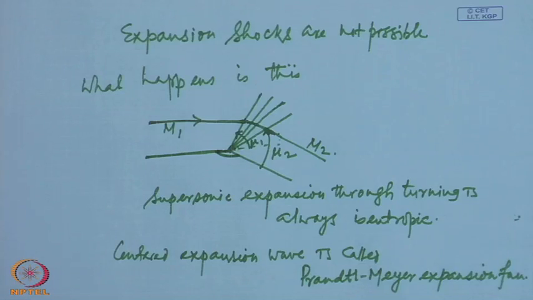Flow through a concave turn is usually an expansion turn, while flow in a convex corner is a compressive turn.